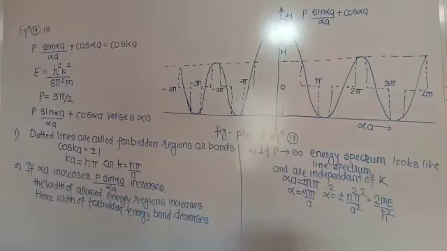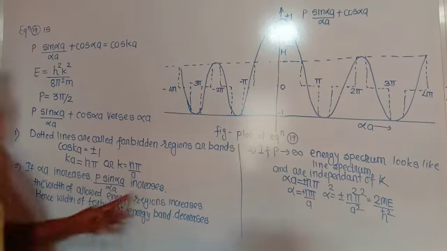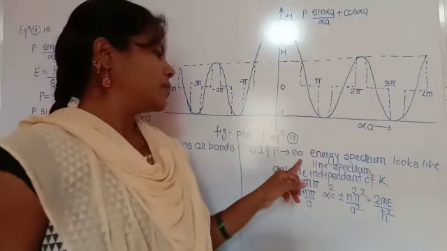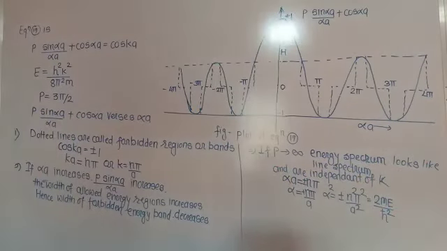We know the value of alpha square is twice m E by h cross square. So this is the third conclusion we get from the diagram: first conclusion, second conclusion, and the third conclusion, that the energy spectrum looks like a line spectrum as P tends to infinity.